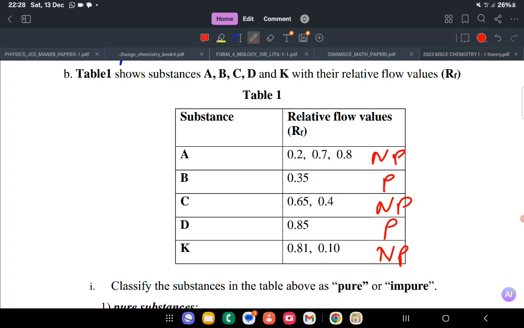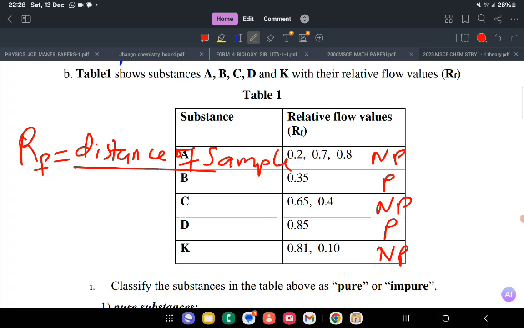Just to refresh your mind, relative flow value, RF, is defined as the distance traveled by the sample divided by the distance traveled by the solvent. That's the definition.